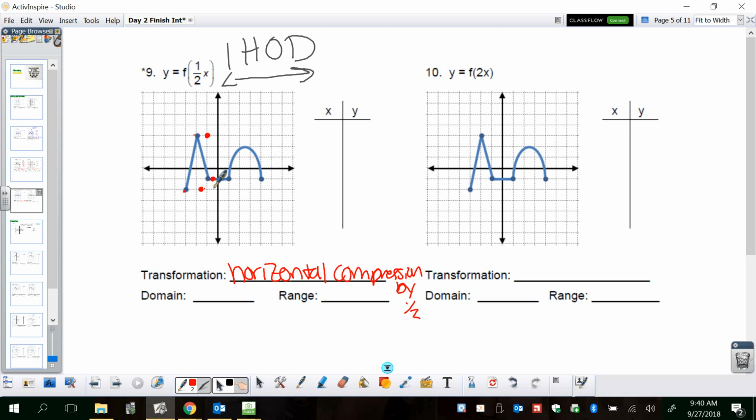Now we're going to pay attention to how far right. So over 1, so it's going to go over 1/2. Over 4, so it's going to go over 2. Up, down, over, loop. Okay.